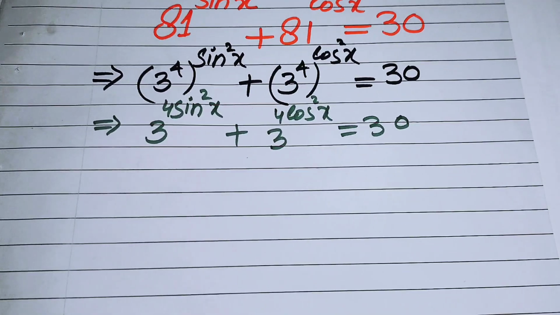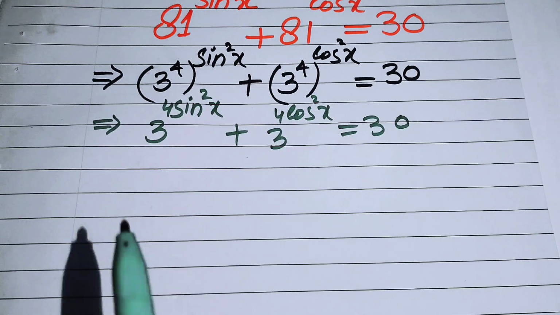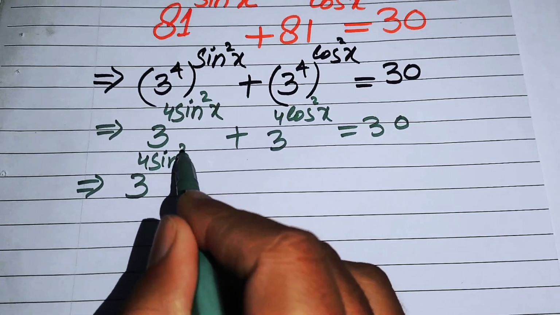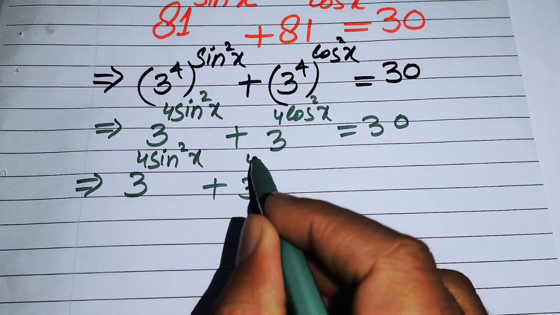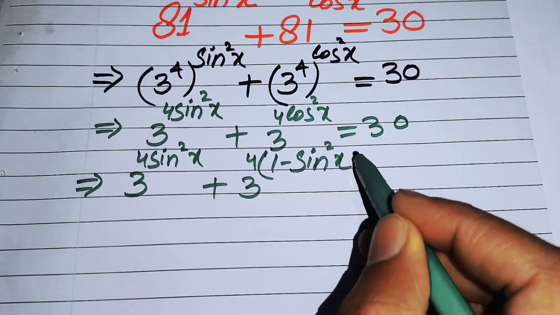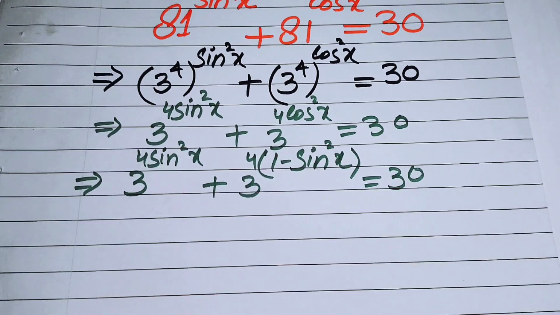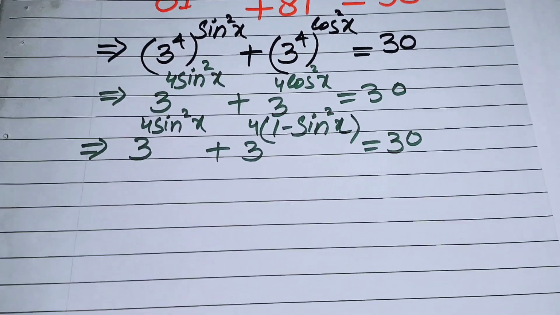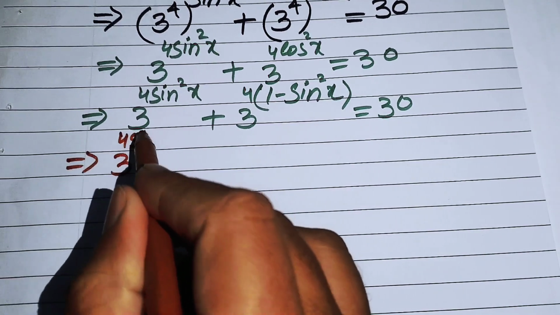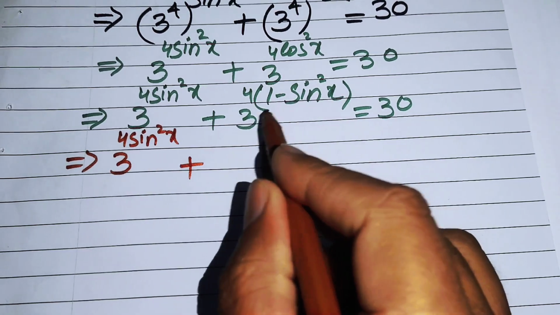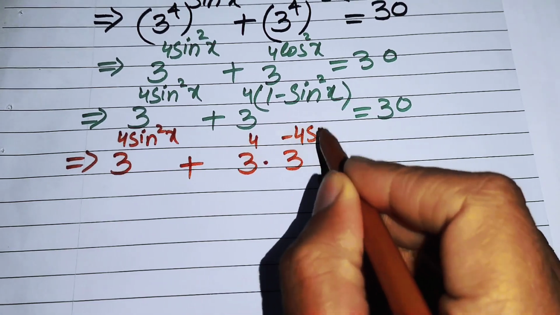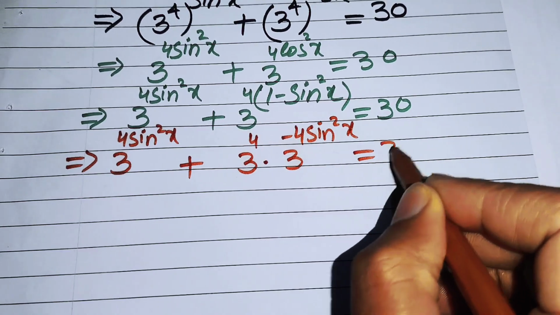In the next step we will rewrite this equation in the form of 3 to the power of 4 times sine squared x plus 3 to the power of 4 times, here we have cos squared, and we write it as 1 minus sine squared x, equals 30. Now we will make a little bit of simplification, and you will obtain 3 to the power of 4 sine squared x, plus here we separate these two terms and we write 3 to the power of 4 into 3 to the power of minus 4 sine squared x equals 30.